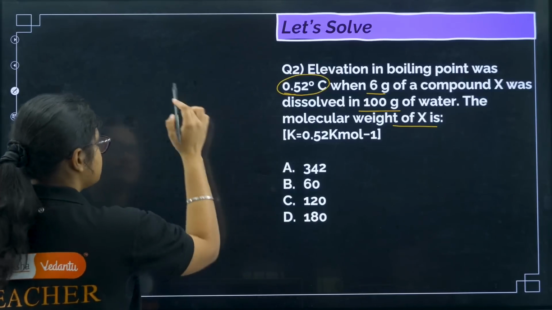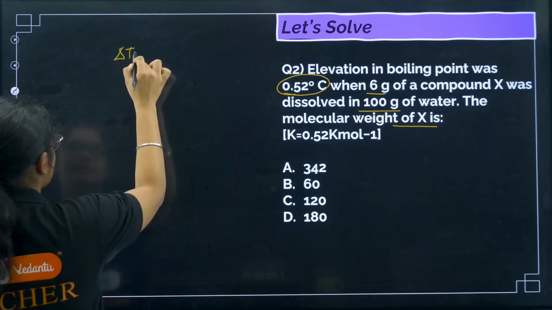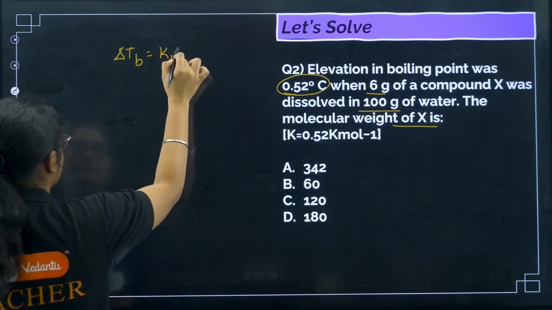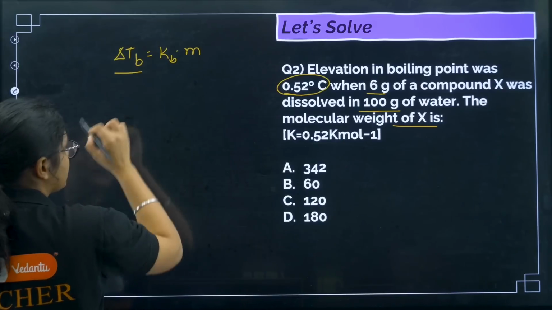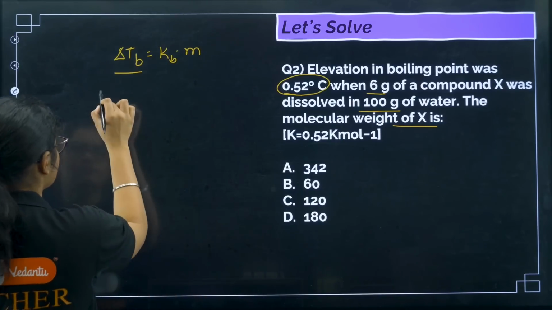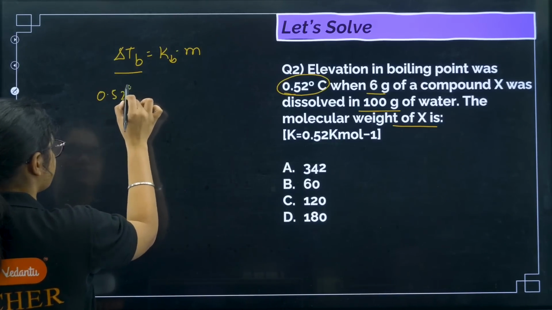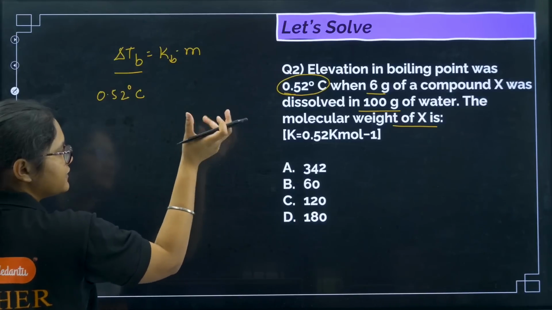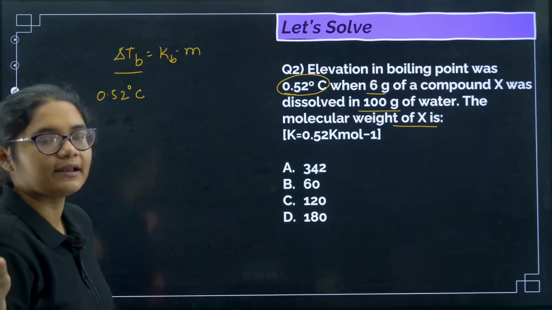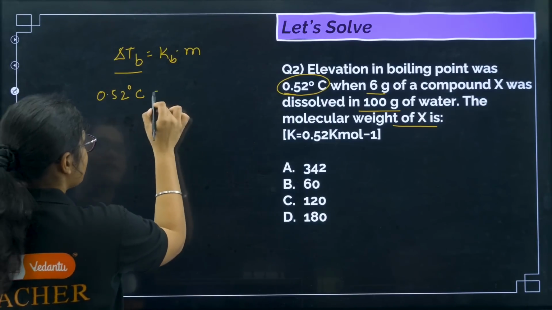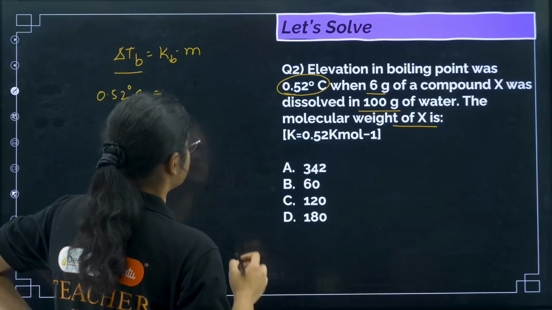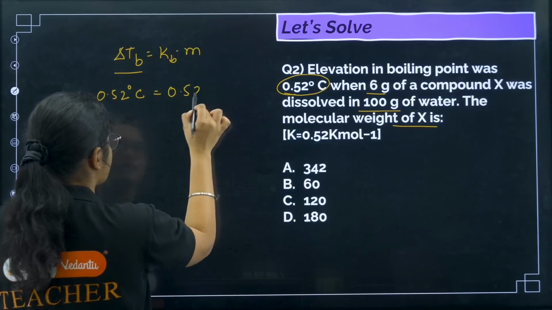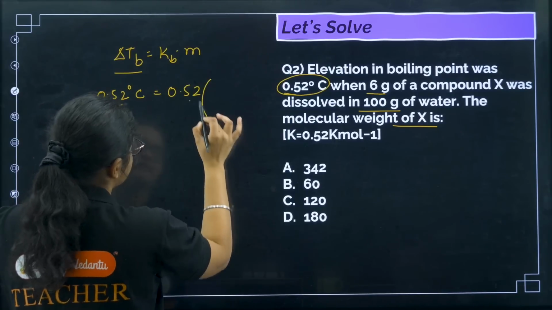So for elevation, we have this formula, right? Delta Tb is equal to Kb into m. What is this delta Tb value? 0.52. You don't have to convert it into Kelvin, because this is a difference, and a difference remains the same whether it is in Kelvin or Celsius. Then I have the Kb value, Kb is 0.52 again. You can see how the numbers are given so that we can easily cancel.